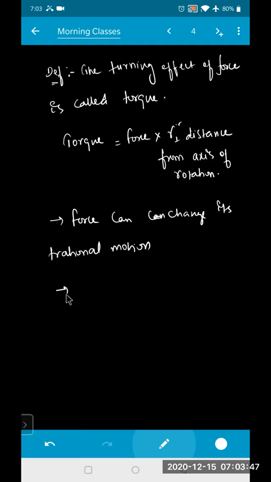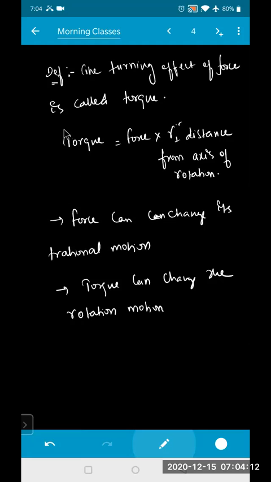In the same way, torque can change the rotational motion. So force can change translation motion, and torque can change rotational motion. That is the reason torque is required to increase or decrease the rotational motion.